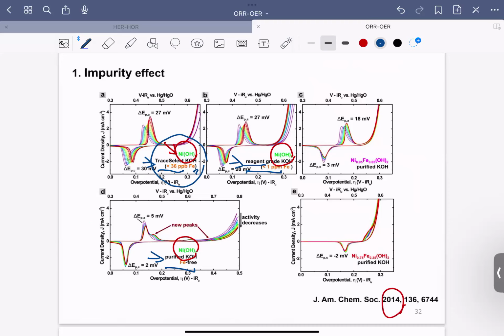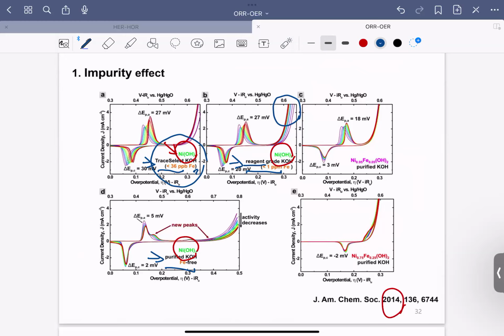So please keep in mind that if we utilize low grade KOH, potassium hydroxide, it shows higher activity, right? Now, surprisingly, the activity is governed by the amount of iron in the electrolyte, right?